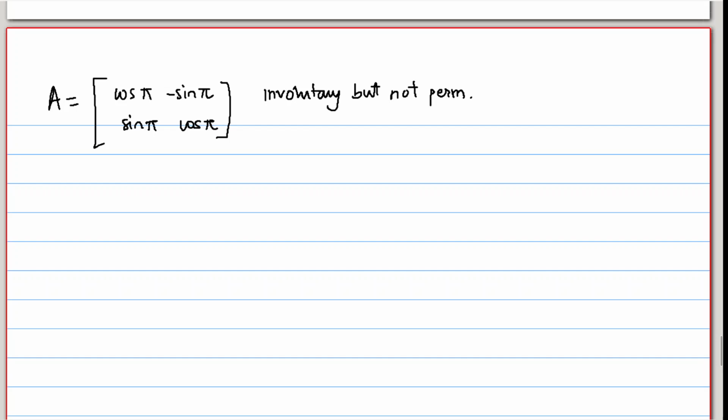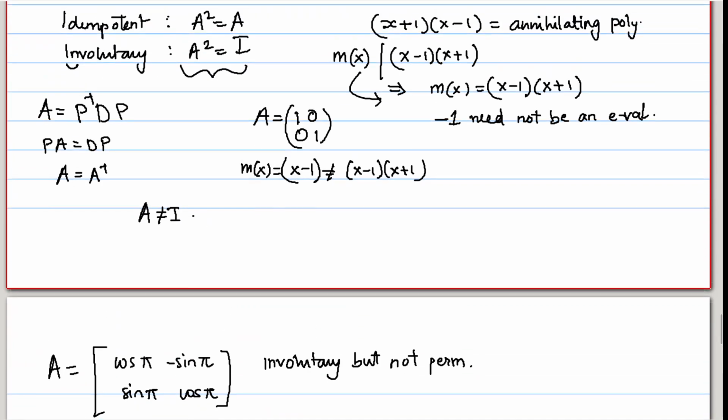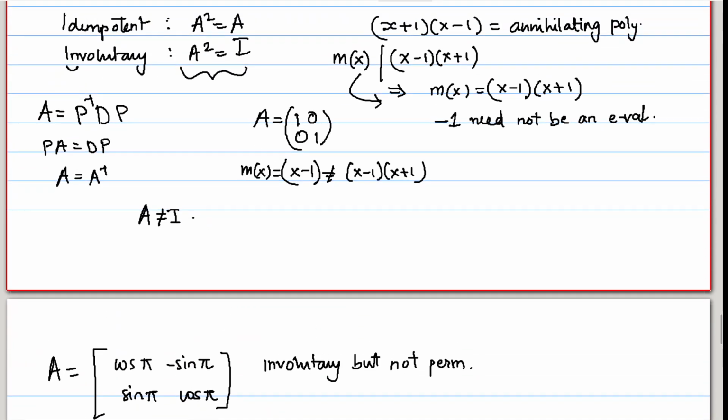What is cos pi? Cos pi is -1. Sin pi is 0. So the only eigenvalue is -1. Sorry, 1. Sorry, -1. Okay, I was thinking about another proof.